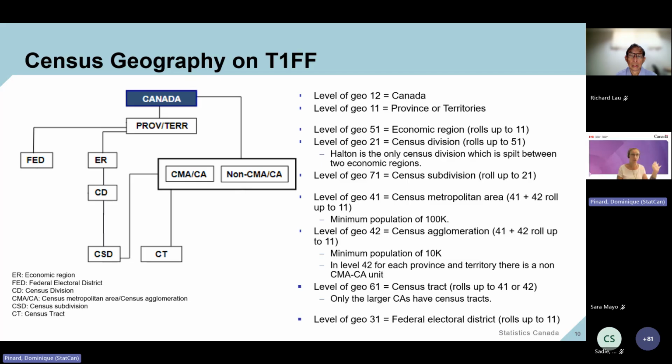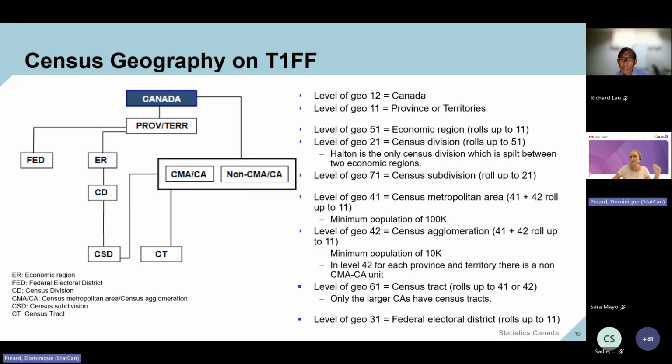And this covers the full country. Now, we know that all CMAs are tracted, which means they have a census tract, which is a smaller area. And some CAs are also tracted, but not all of them. It depends on the size. For that stream, the lower geography is actually census tracts.